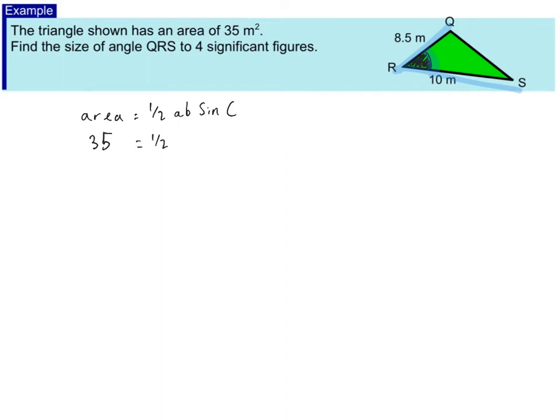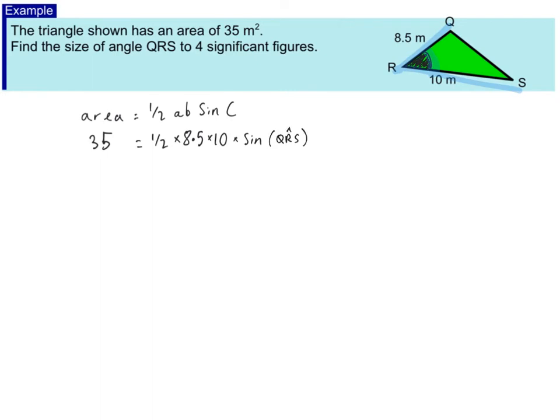A half, times a times b, times 8.5 times 10, times sine. Well, I don't have a letter here, but I could give it its name, times the sine of the angle QRS.